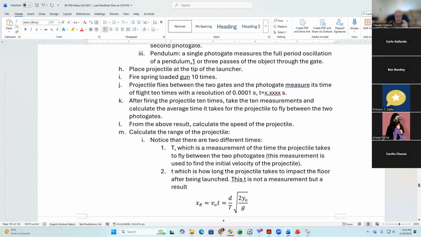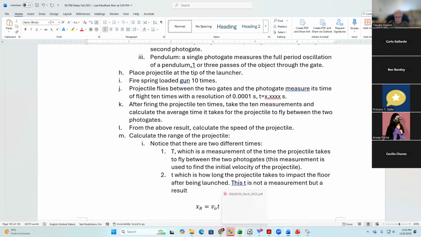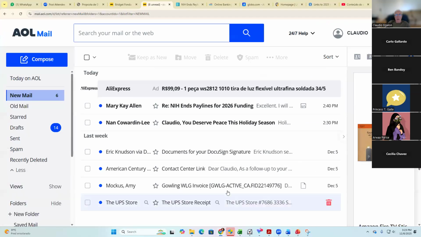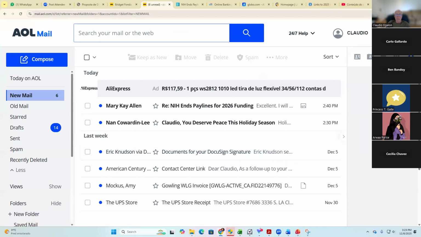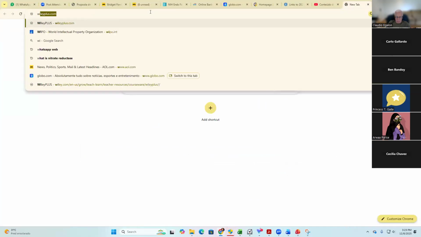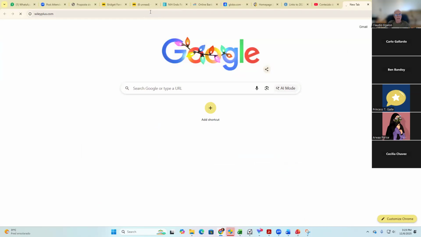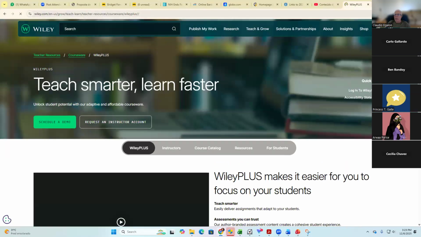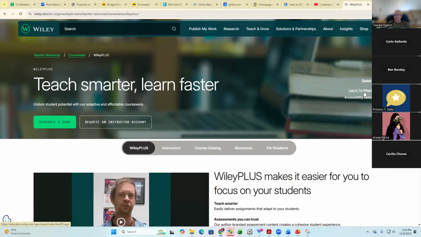Doesn't look like we have it here. Let's go to the book. Wiley Plus. Quick access, login to Wiley Plus.